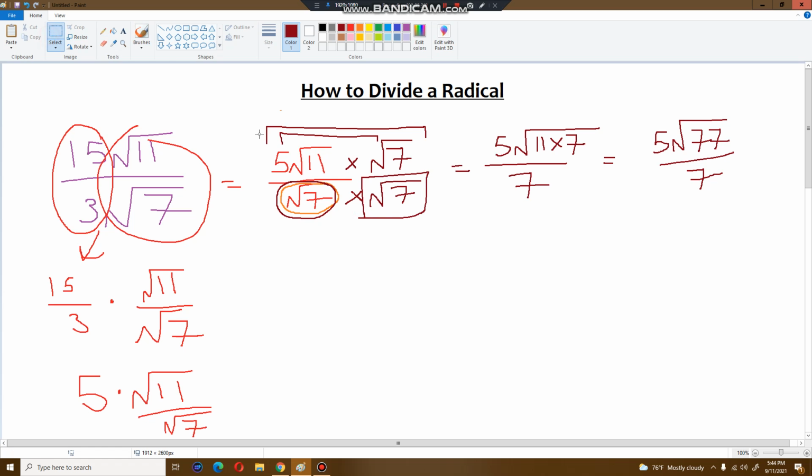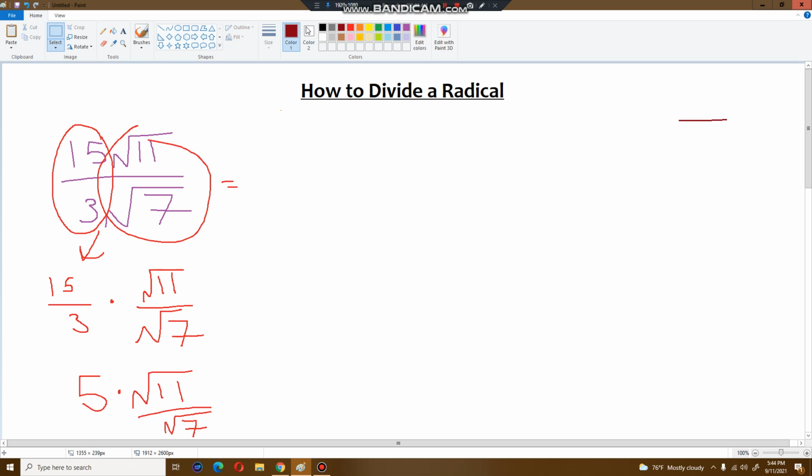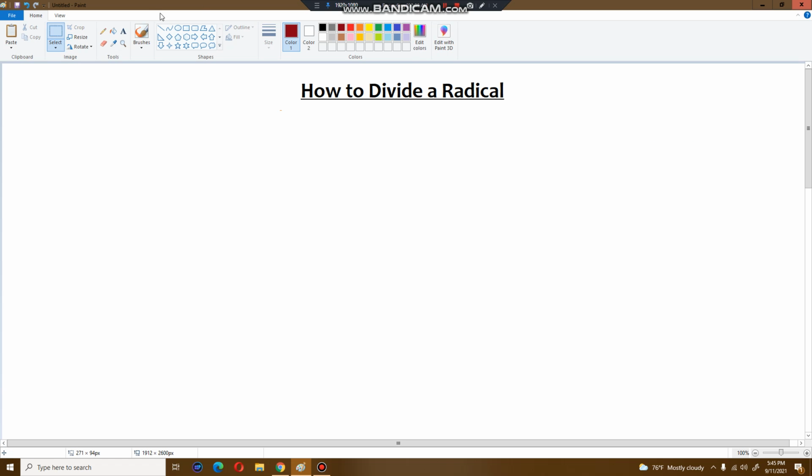Let me show you another quick example. Okay, let's try this one. Let's do minus 8 square root of 7 divided by 2 square root of 5, for example. How do you divide this radical? Again, you have to break them apart like a cookie, left and right.